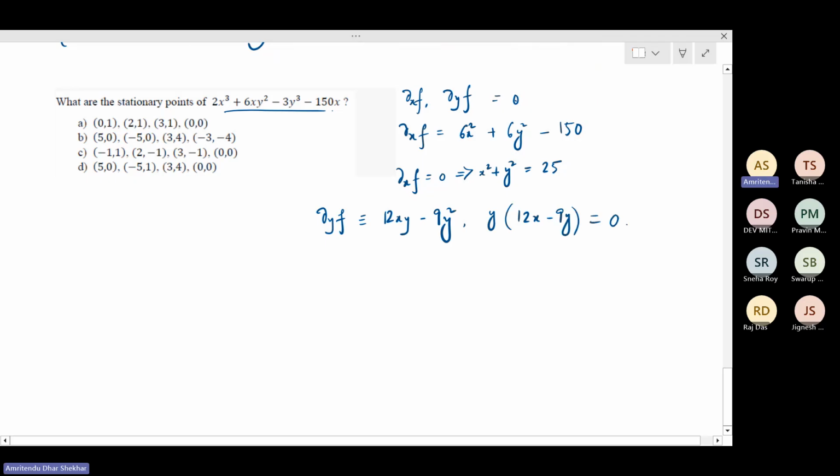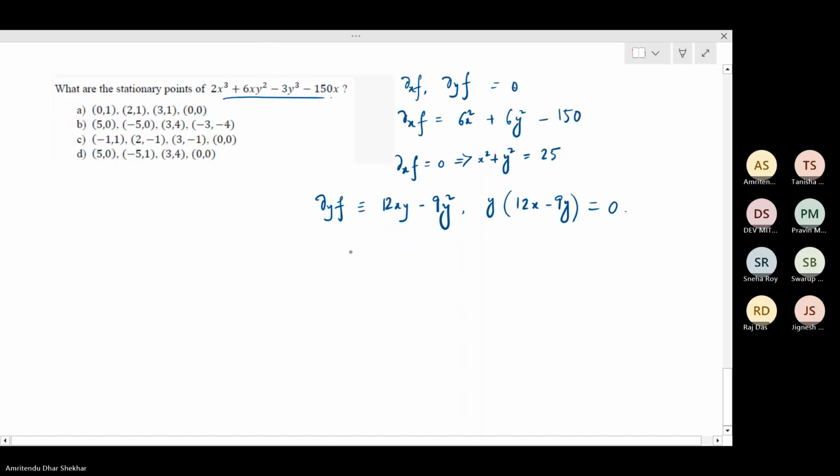So the rest is just solving this system of equations, which is very easy to solve, right? Just solve x squared plus y squared is equal to 25, and y times (12x minus 9y) equal to 0. That would give you the set of critical points.